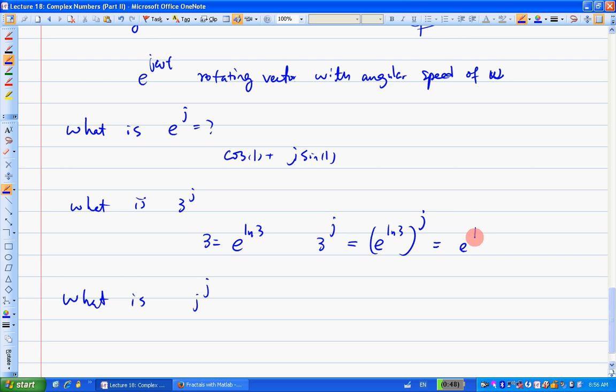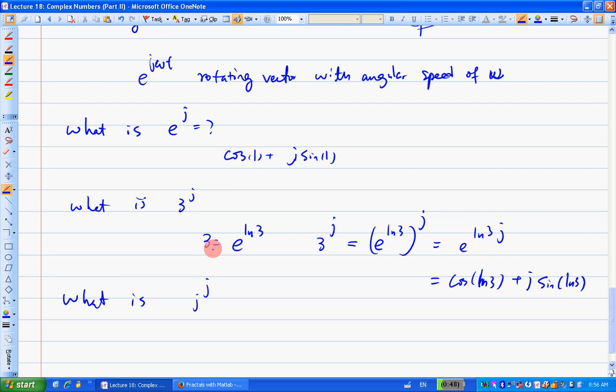So which is e to the power ln 3 j. And then according to Euler's formula, what is this equal to? Cos ln 3 plus j sine ln 3. So you can use a calculator to calculate what this is.